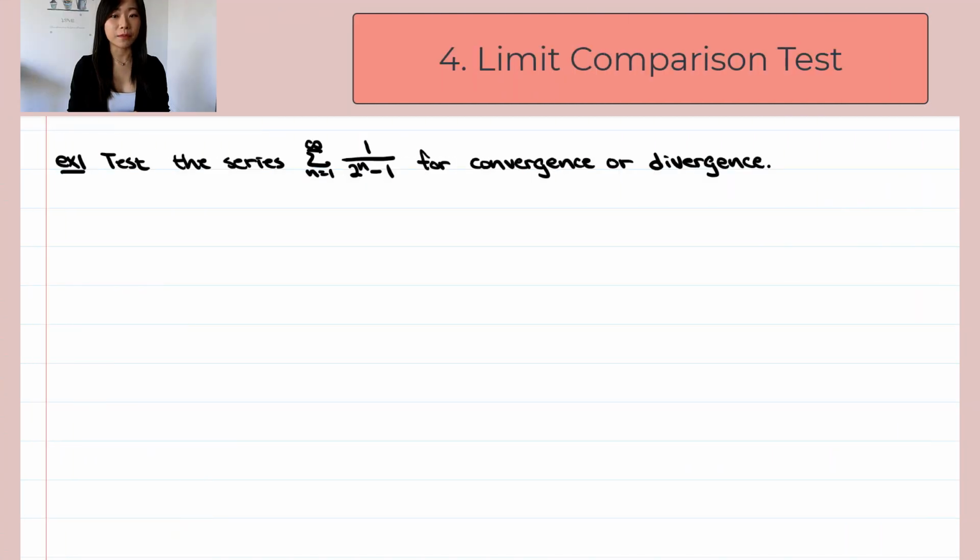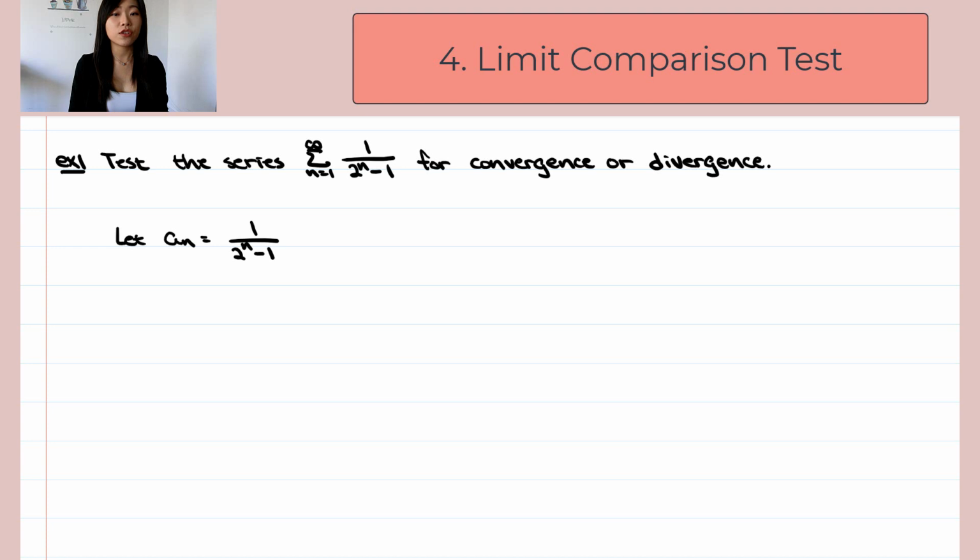Let's look at the first example. Let's test the series, the sum of 1 over 2 to the power of n minus 1, for convergence or divergence. For this series, we have a_n equals 1 over 2 to the power of n minus 1. a_n is a rational function, and we can notice that in the denominator we have 2 to the power of n.